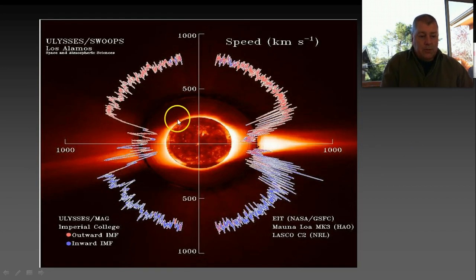Now this is a picture of the sun, just showing you that particles are being emitted in all directions, and they have different velocities depending on the direction they come out. You can have things called flares, which emit charged particles, protons and electrons, that are slower than the general population, these being fastest, that's the speed there.